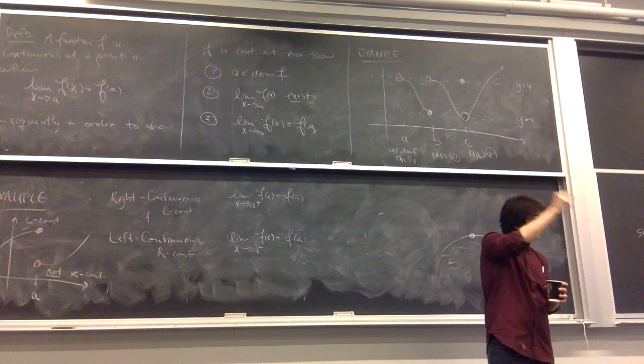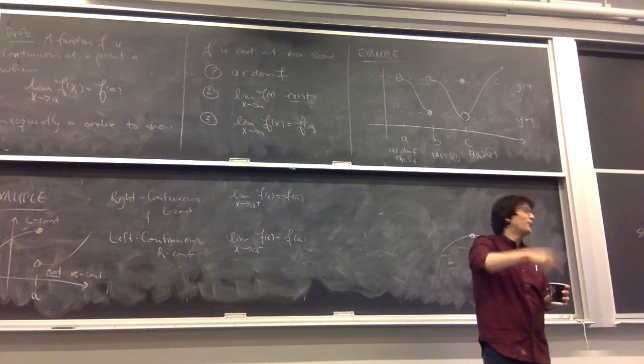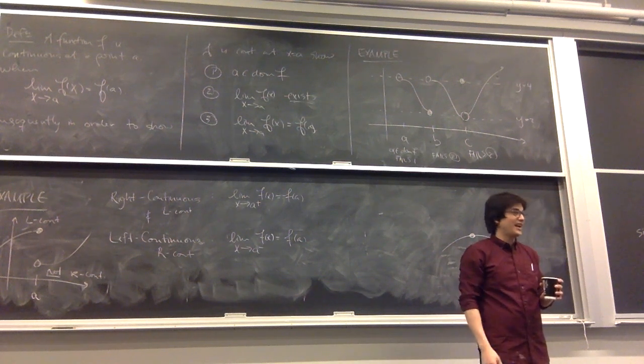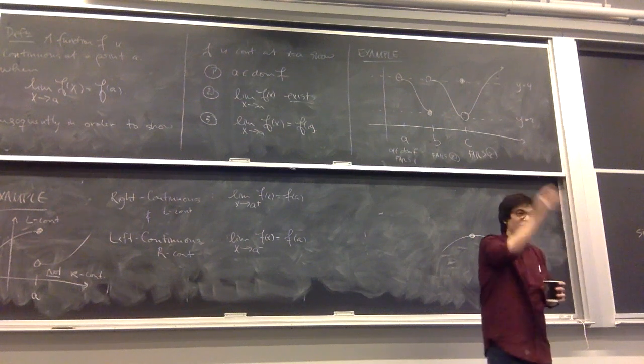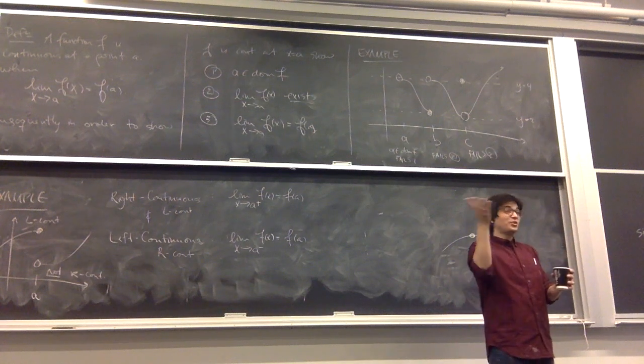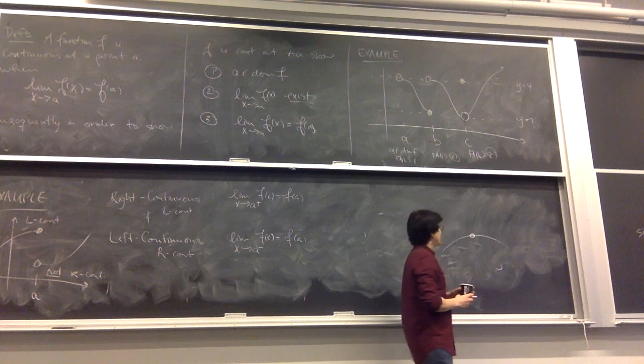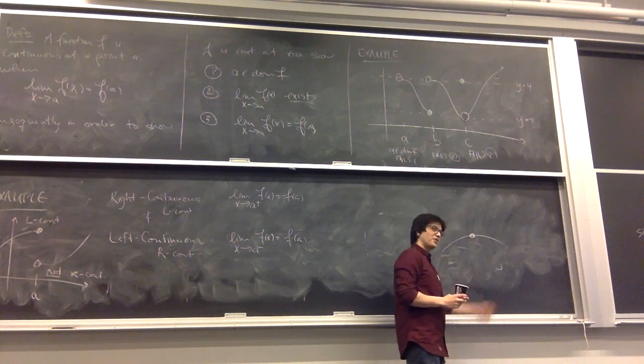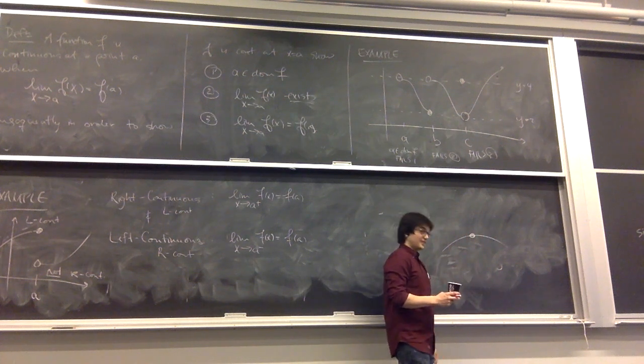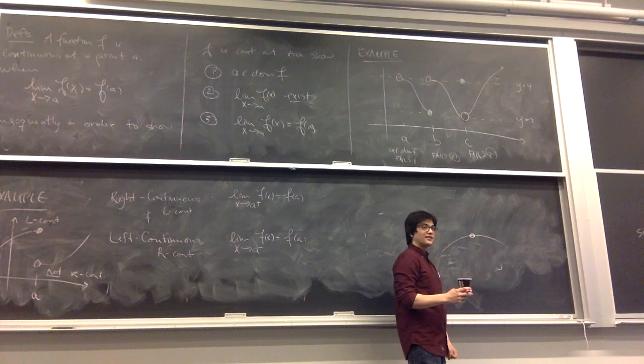So a function that is continuous at A is also left and right continuous at A. These aren't separate categories. Something can be 2 things. So is it the case if you're left and right continuous that you're also continuous? Yes, because that's the definition almost.